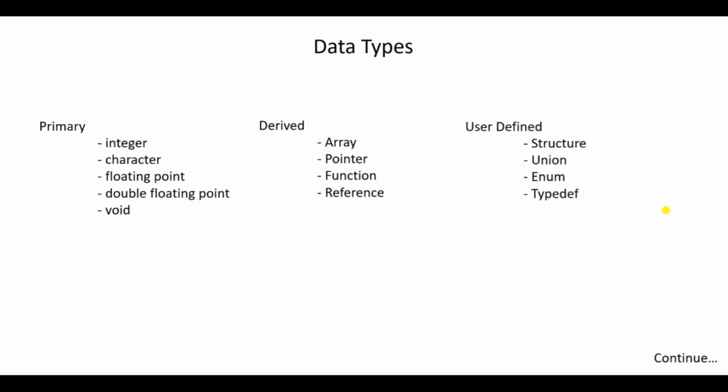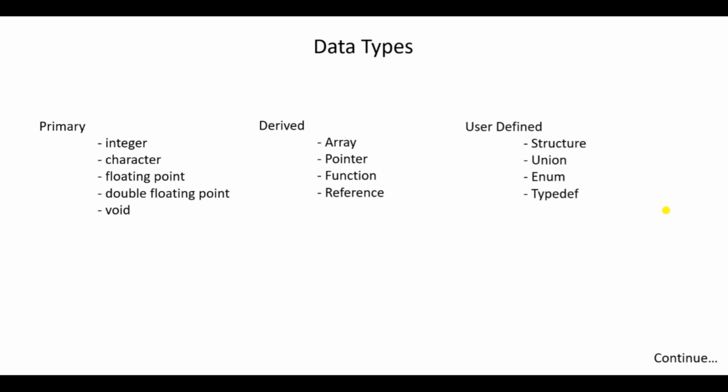Union. The second type is union. Union is again similar to structure, but the difference is, if a structure has two member variables, the final size of the structure will be the addition of those two member variables, the total size.